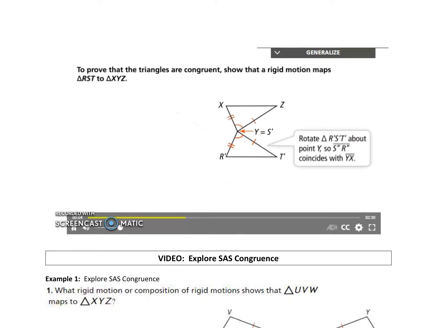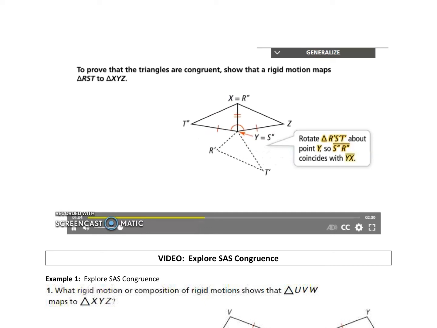Now, rotate triangle R', S', T' about the point Y. So segment S', R' coincides with segment YX. Since rotation preserves length, the length of segment R', S' equals the length of segment RS equals the length of segment XY. So point X equals point R'.